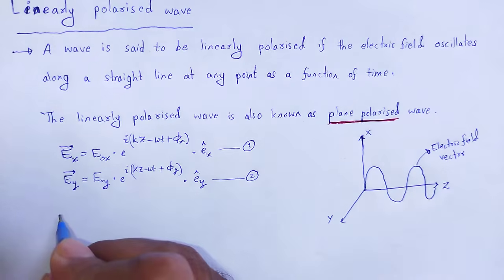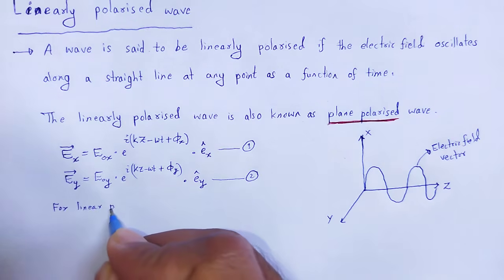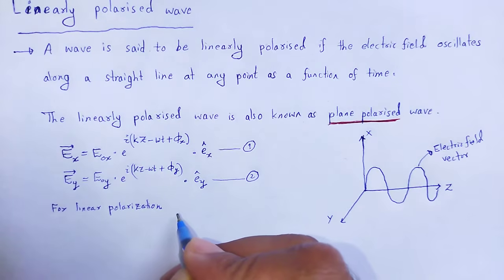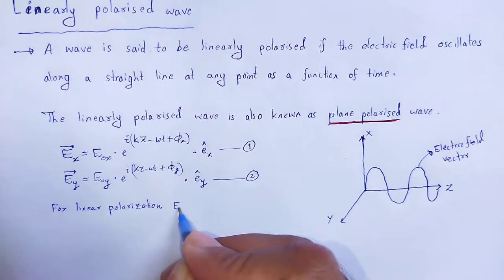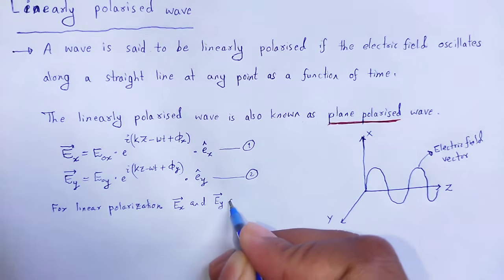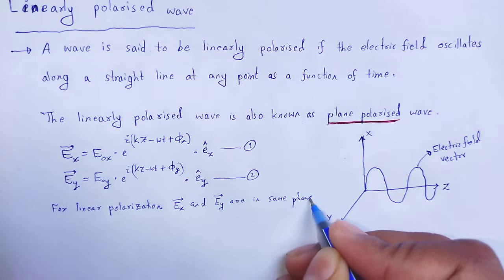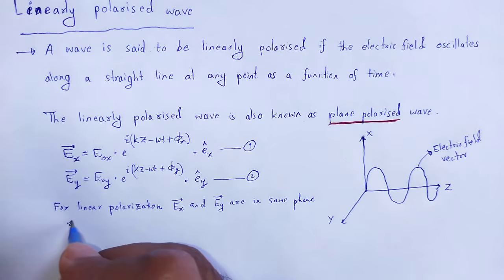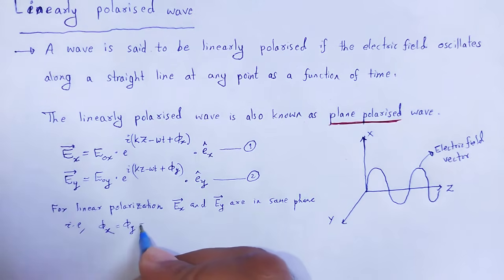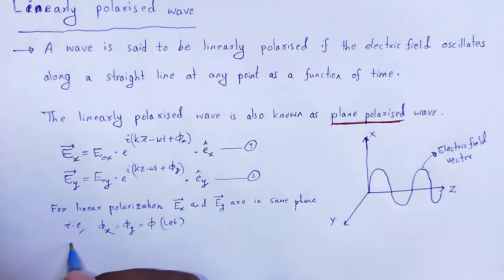For linear polarization, the E x vector and E y vector are in the same phase, that is, phi of x is equal to phi of y, let us say phi.